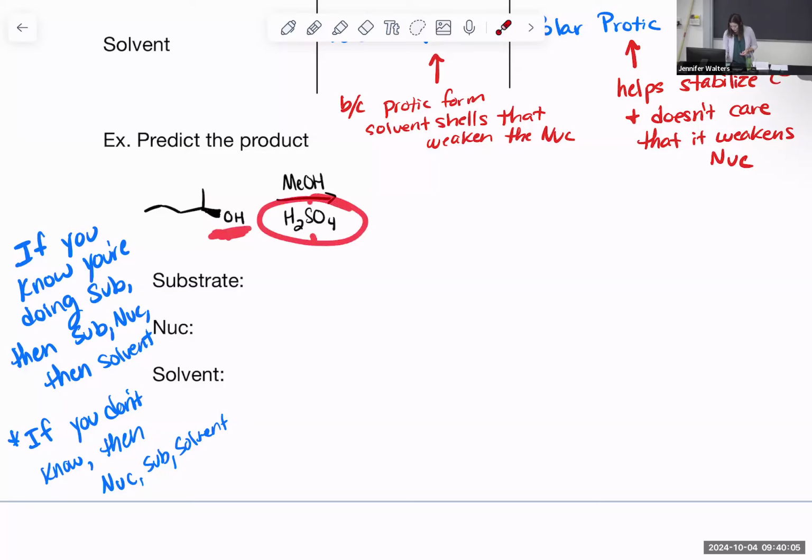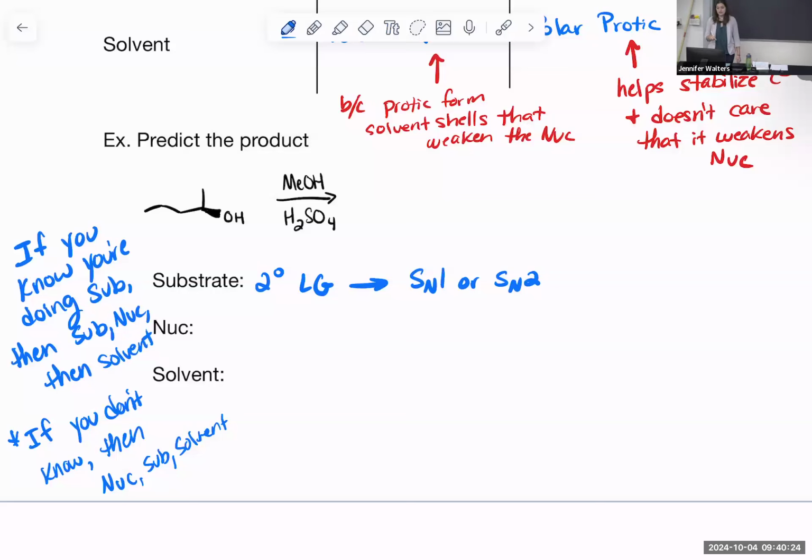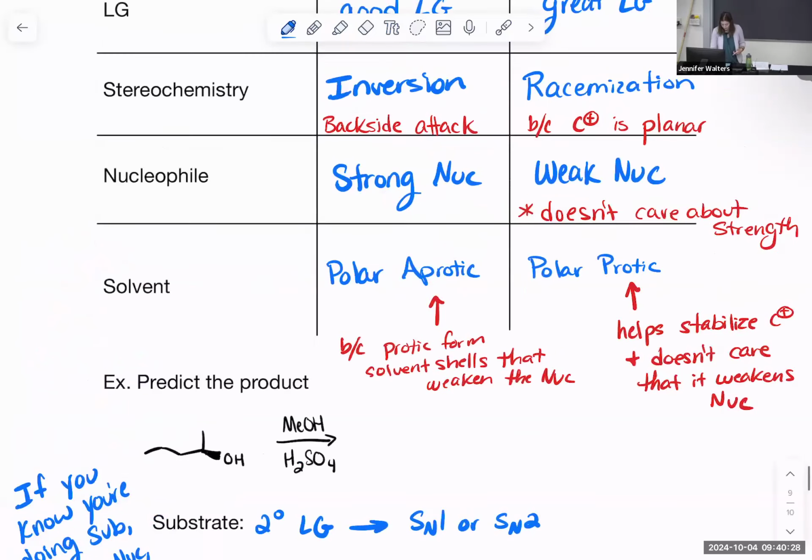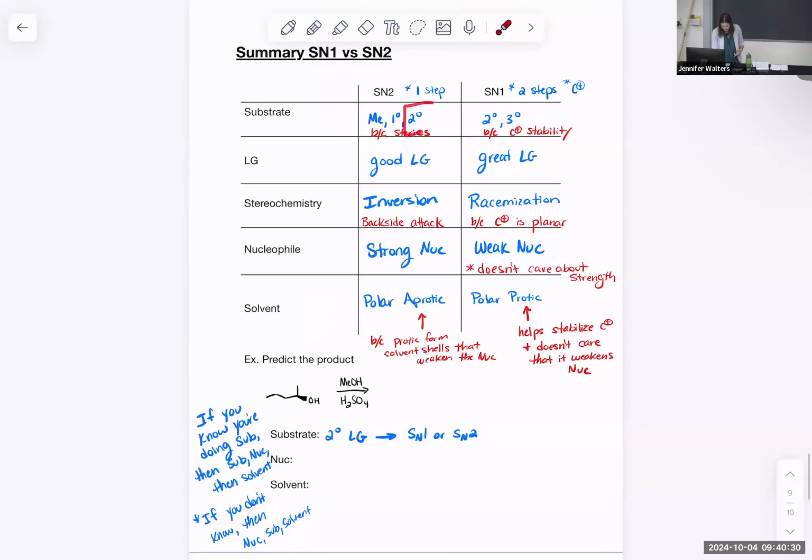We have a strong acid, so it's going to protonate the alcohol. So this is going to become our leaving group. That is secondary. So I have a secondary leaving group. That tells me nothing, basically. That's saying I'm doing either SN1 or SN2, because both of them work on a secondary, right? When we look at our substrate, secondary is there on both of them. So that doesn't really help us.